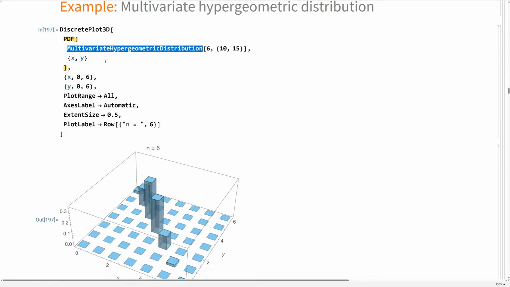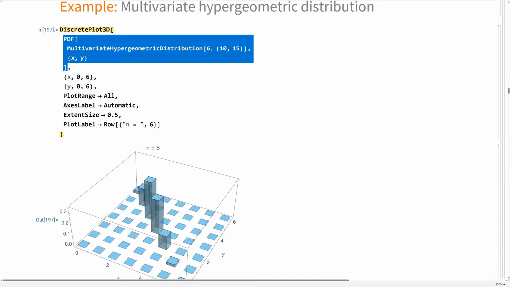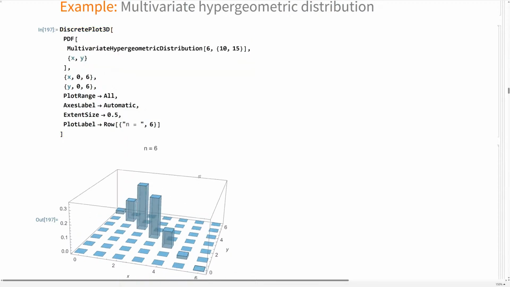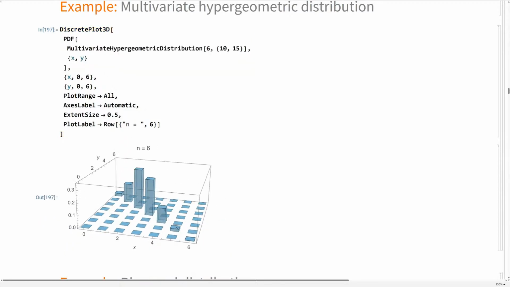Let's look at the code together. This is the distribution, and we want to draw the PDF of it. Because this is multivariate, we have to do it in a 3D plot. This basically means sampling without replacement.